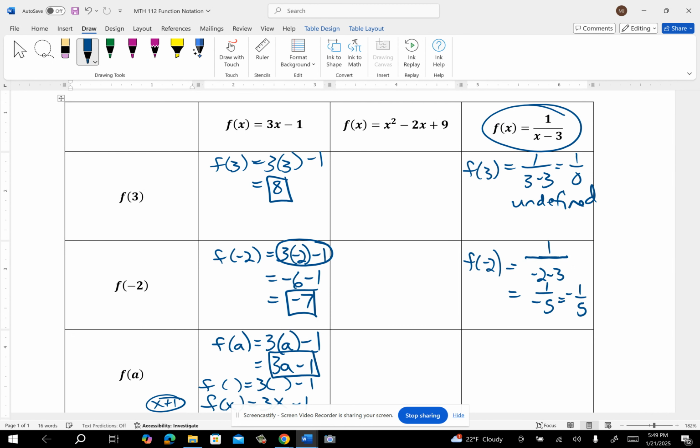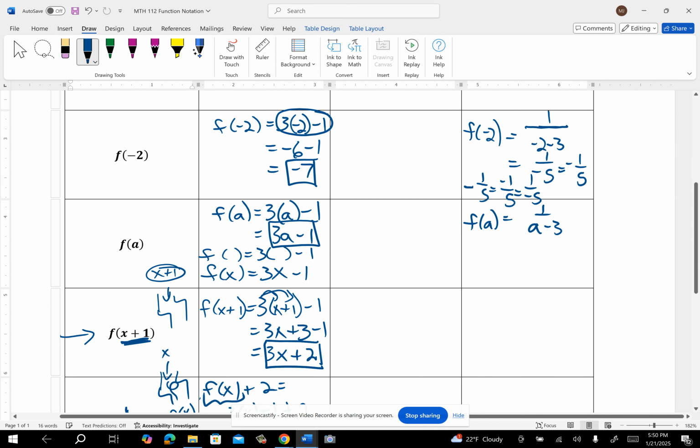Okay, now just a comment about negatives. -1 over 5, -1 on top over +5, or 1 over -5 are all the same. One negative somewhere. Okay? All right, now if I wanted f of a, that would be 1 over a minus 3.